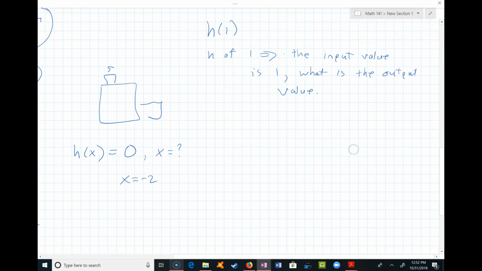Another way to say that is, if we're talking in terms of graph, the x coordinate is 1. What is the y coordinate?